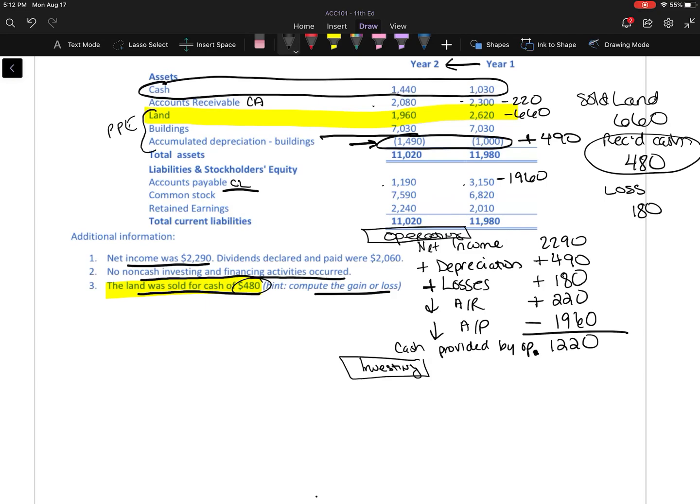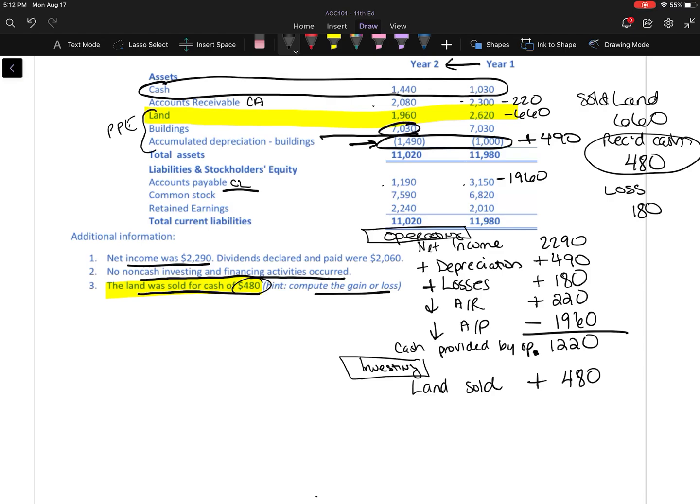So, did we sell any property, plant, and equipment? Well, remember right here, the land was sold for cash. So, cash in or cash out is reported in investing and financing sections. So, we can say land sold here. If we sold land, does that increase or decrease our cash?